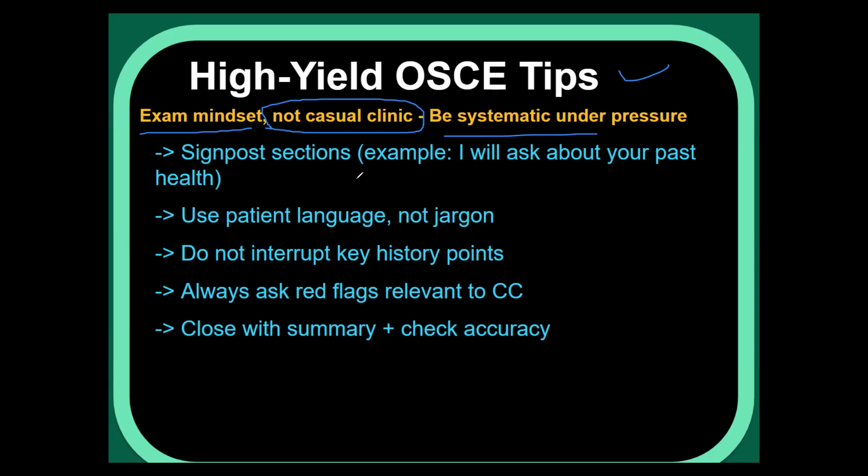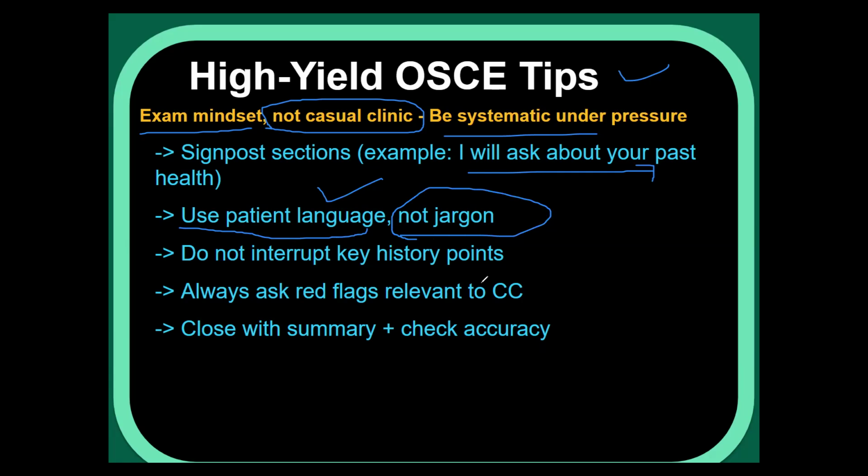Once again, if you are going to change sections or transition, make sure that you let the patient know that you're transitioning to something. If you're going to ask about past medical history, say, I'm going to ask about your past health. And remember to use patient language, not jargon. Do not say it looks like acute coronary syndrome.